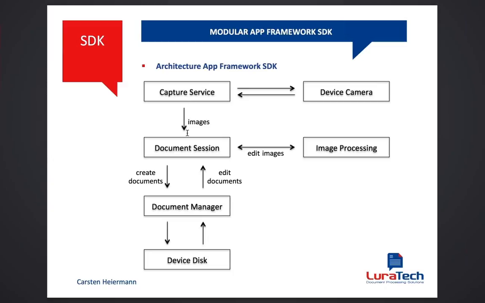For example, the basic filtering, the basic compression, and a couple of more things that are completely independent from the platform that the app is later on running on. So when we improve some filter here, it will be immediately available for both iOS and Android in the future, for example.